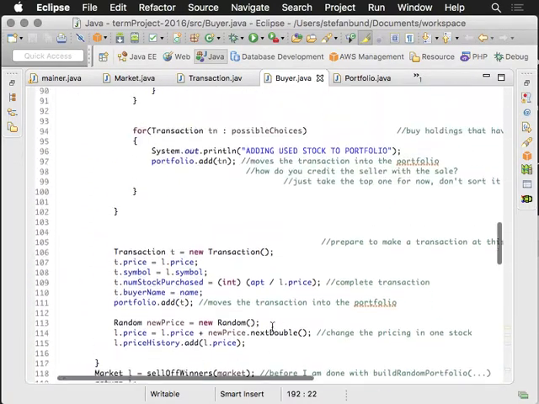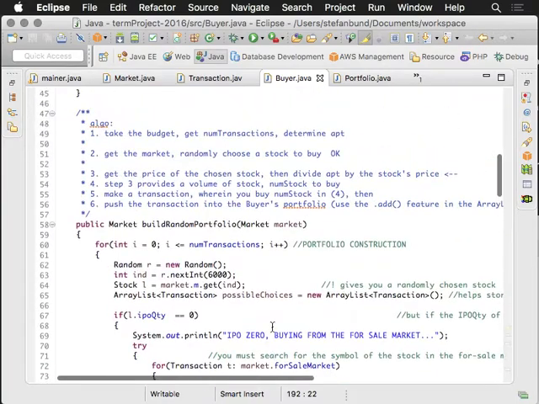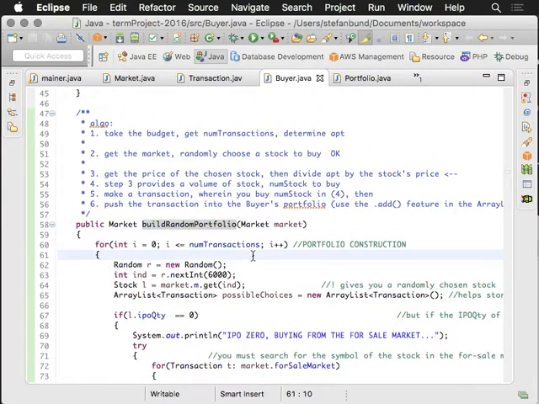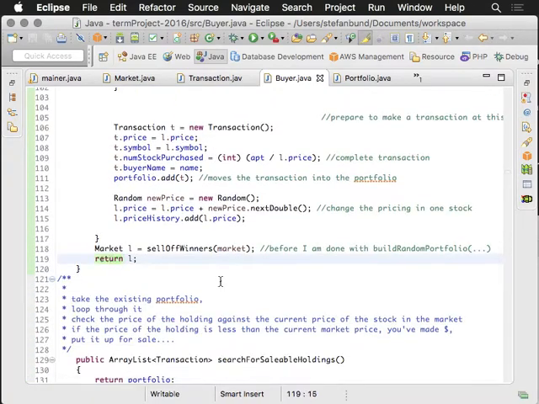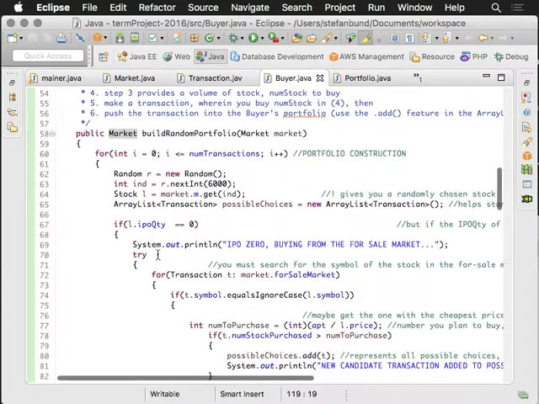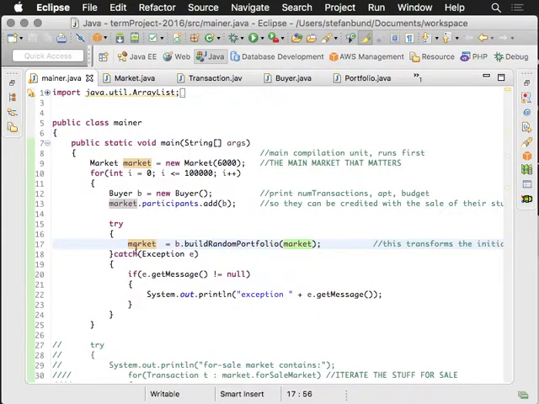Sorry for all the scrolling, but back here in build random portfolio. Ultimately, build random portfolio is going to return the market, and it created a new market object for the purpose of the return. So after you build your random portfolio, the market changes a little bit, and it returns a market back to the main.